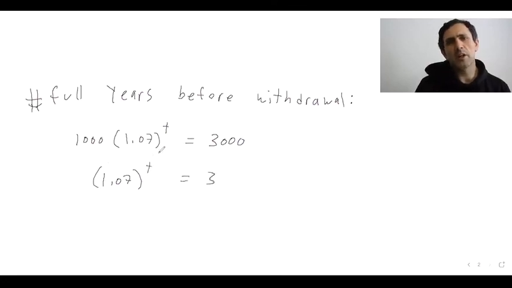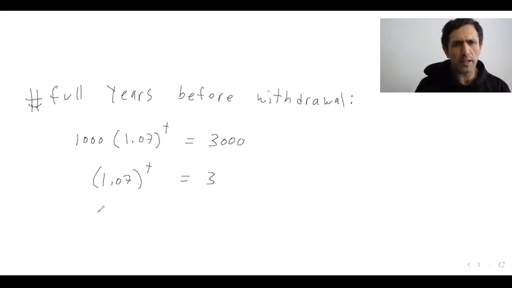So if you're dying to know what t gives us, we're going to get t rounded down, and that's going to give us the number of full years before withdrawal. And then we're going to find the fraction of years that money sits in the account before we withdraw.